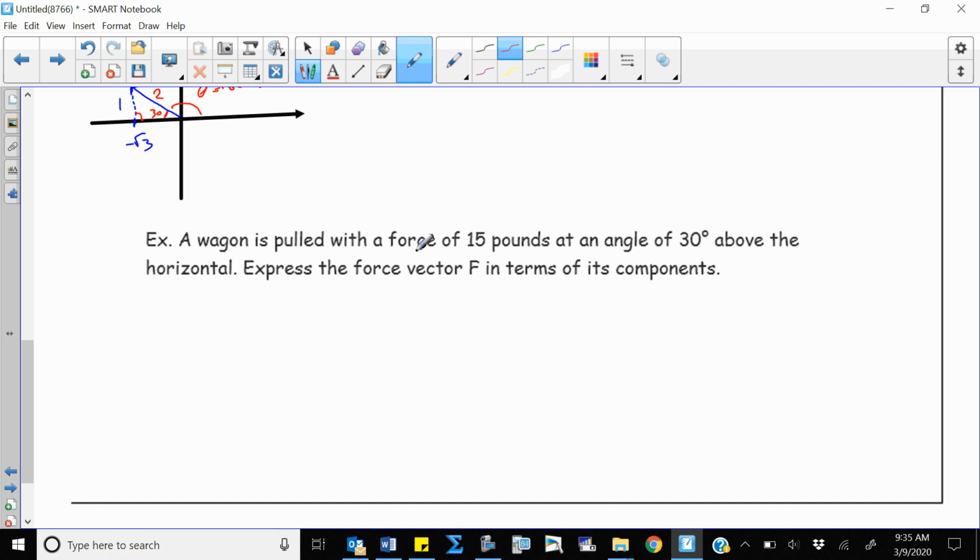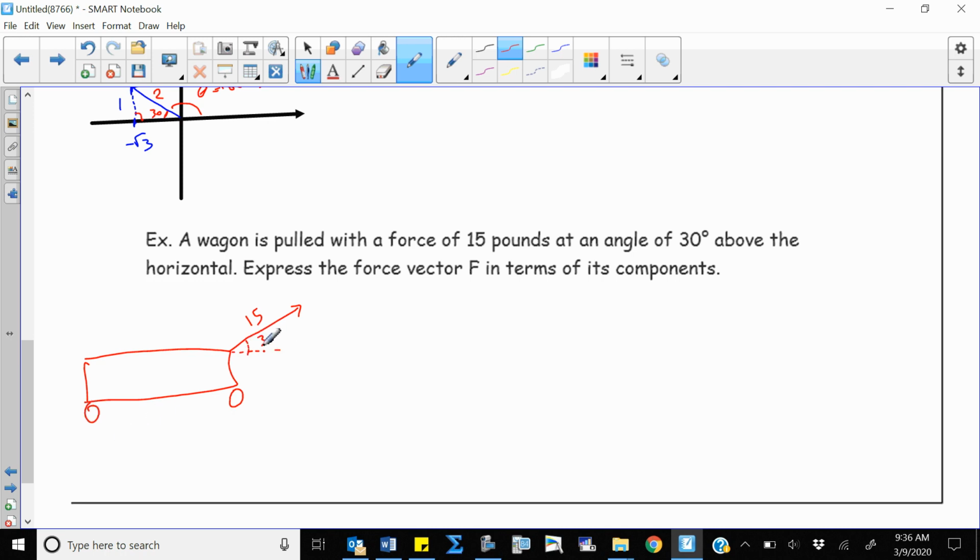A wagon is pulled with a force of 15 pounds at an angle of 30 degrees above the horizontal. So this is what we have. We're pulling that with a force of 15 with an angle of 30 degrees with the positive x-axis, like this.